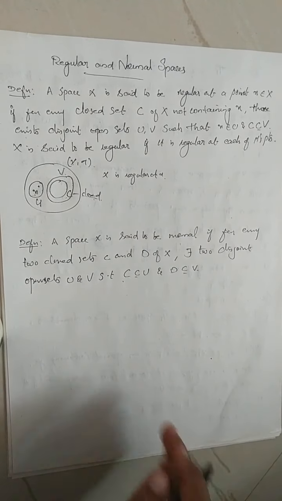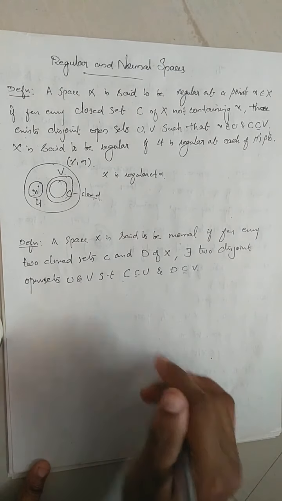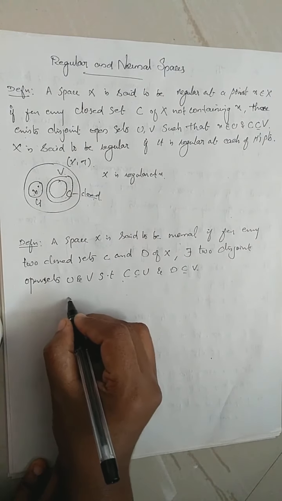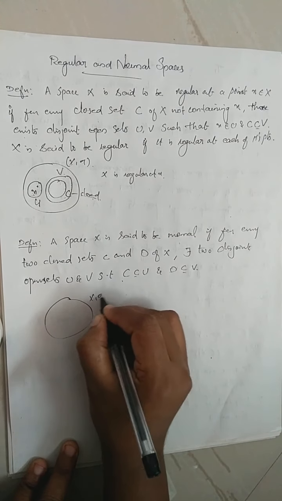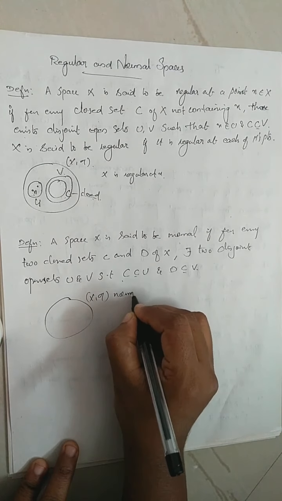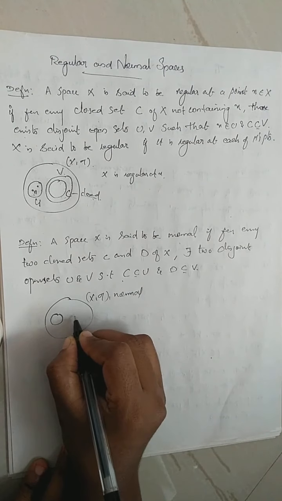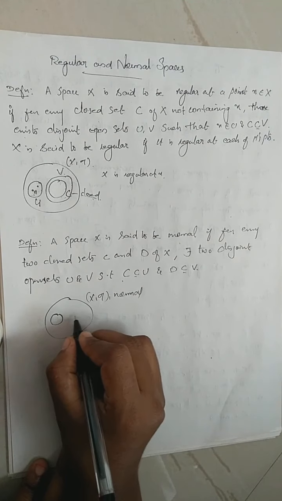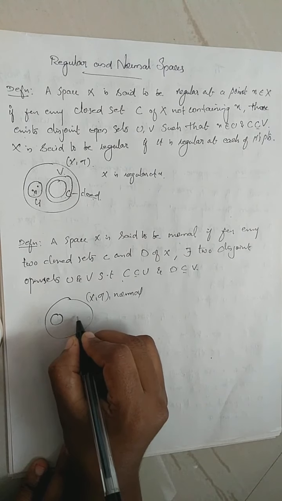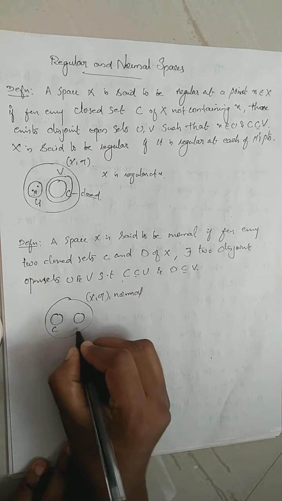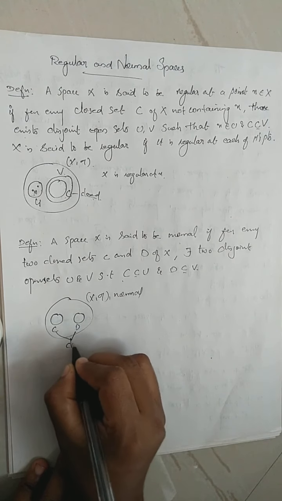The normality of a topological space says that when a space (X, τ) is normal, suppose we have a topological space (X, τ), it is normal means you consider two closed sets C and D. C and D both are closed sets.